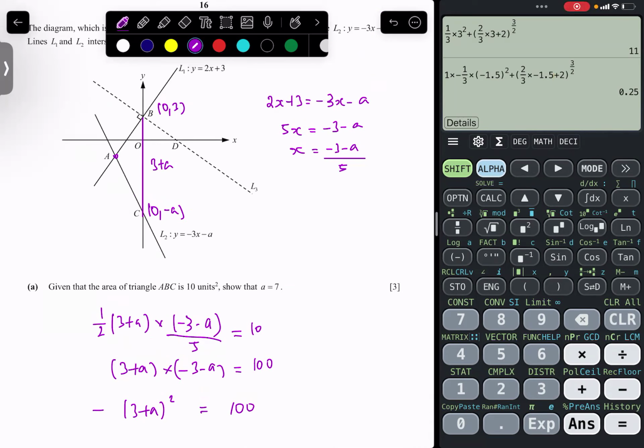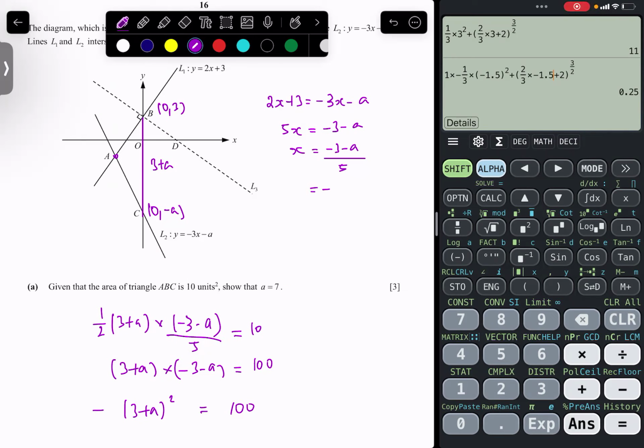3 plus a, 2x + 3 equals -3x - 8, so 5x equals -3 - a. Oh, sorry. Okay, I understand why already.